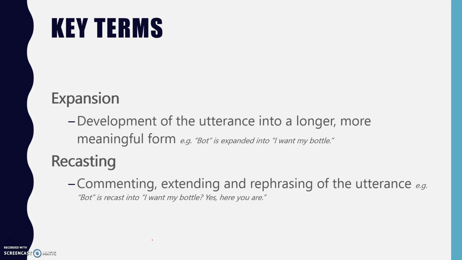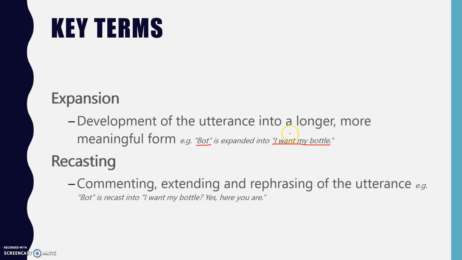Expansion is when the adult develops the utterance into a longer, more meaningful form. So here for this example we've got bot, which is a word that the child uses. It's a shortened form of the word bottle, and it's expanded by the parent into I want my bottle.